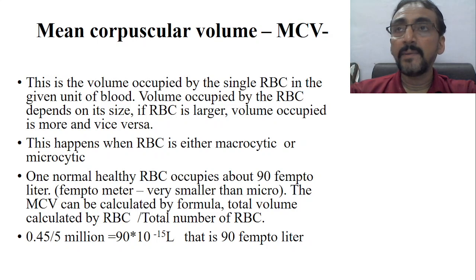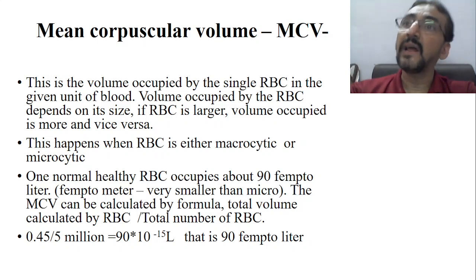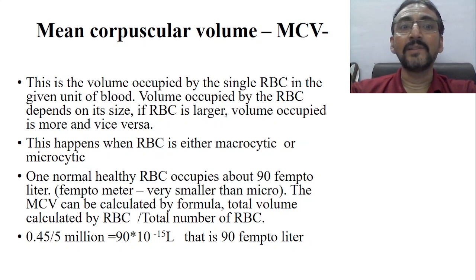ठीक है, हमने वहां पे PCV में देखा. PCV में हमने देखा क्या है, पूरा का पूरा RBC कितना वॉल्यूम ऑक्यूपाई कर रहा है वो हमने देखा. बट मीन कार्पसल मतलब सिंगल सेल, एक सेल, हाँ वो 45% वहां पे जो पैक्ड सेल आ गया वो पूरा RBC मिला के, बट एक सेल ने कितना वॉल्यूम ऑक्यूपाई किया, एक सेल ने. सो दैट टेल्स मीन कार्पसुलर वॉल्यूम.